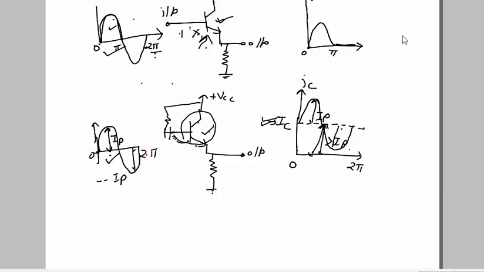But the biasing value is not very high. Let's see. I'm not going to draw the circuit again. Suppose the transistor is biased, but the DC IC current is lower than the peak value of the input signal. At that time, what will happen? During the positive half cycle of the input, since it is biased, it will work.